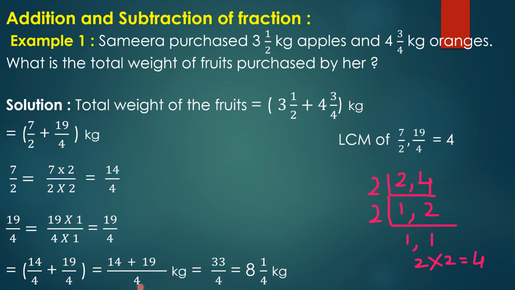Since the denominator is common, it will remain as 4. Now 14 plus 19 is equal to 33. 33 divided by 4. So 33 by 4 is to be converted into a mixed fraction. 4 eights are 32, and plus 1 is the remainder. Therefore 32 plus 1 is 33. Therefore 33 by 4 will become 8 1 by 4.